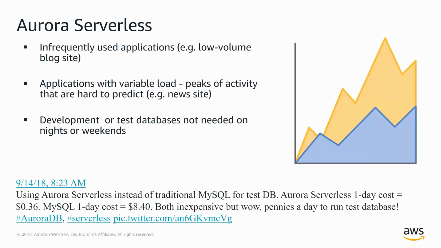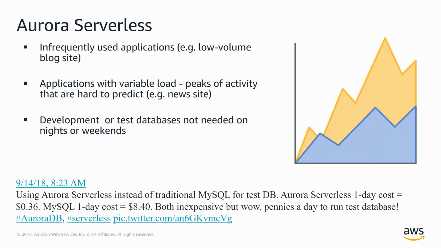Aurora Serverless. This is another key innovation that we mentioned earlier. Aurora Serverless is great for infrequently used applications, maybe like a low-volume blog site, or applications with a variable load, even development workloads, right? This is the same exact Aurora that we've been talking about this whole time, with the key difference, and that is a managed proxy layer that sits between the application and the database instances.